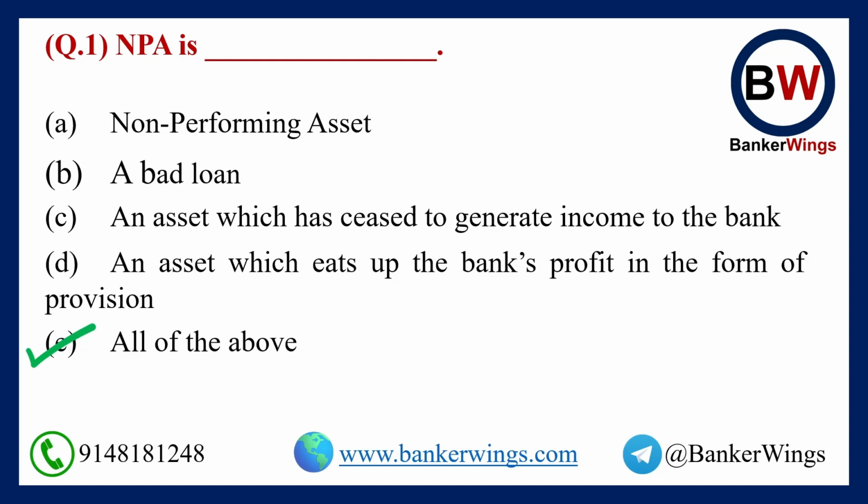We shall understand what provision is in the next class or so, but as of now just understand this much. The full form of NPA is non-performing asset. It is also called a bad loan. Once an account becomes NPA, it stops generating income to the bank, and it will also reduce the profit of the bank, because the bank will be mandated to set aside a portion of its profit for the sake of this NPA.